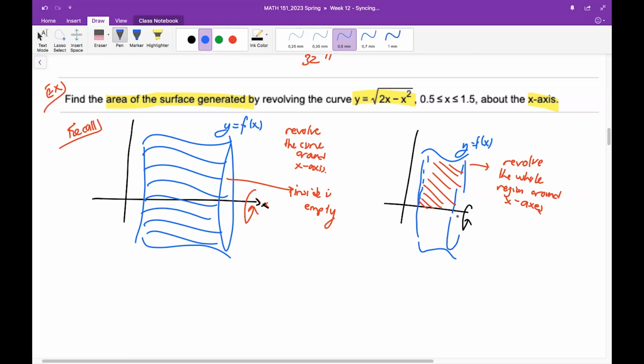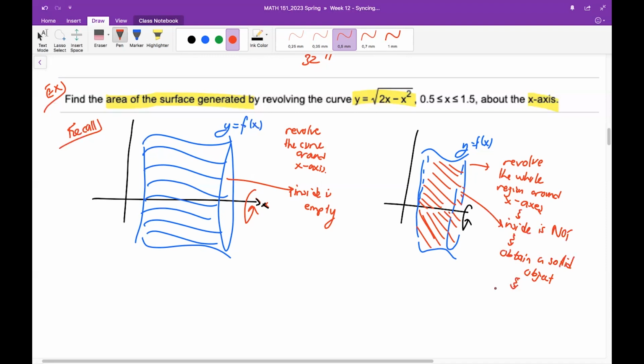Then we obtain a solid object, okay? What we obtained was not just the surface area, but the whole solid object with everywhere filled up. So here, inside is not empty. We obtain a solid object with no empty part inside.